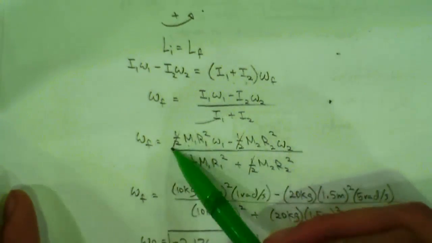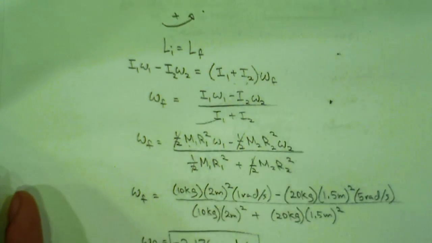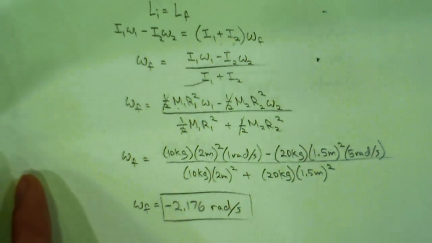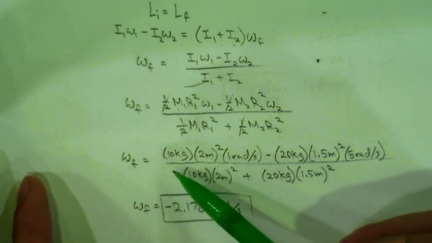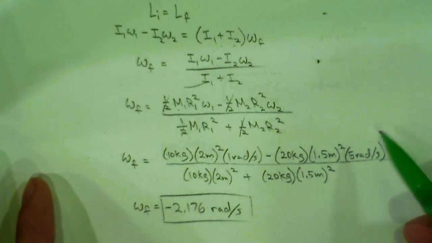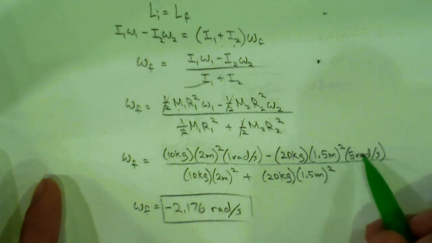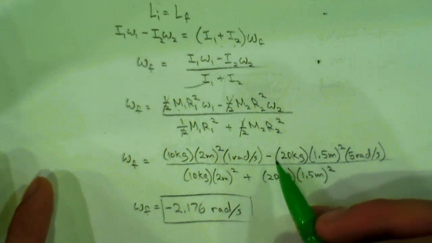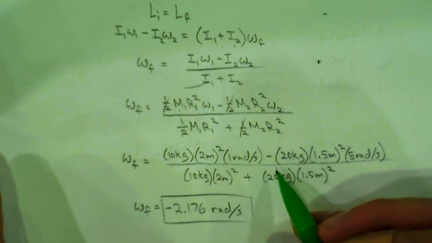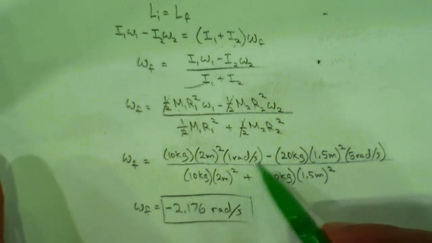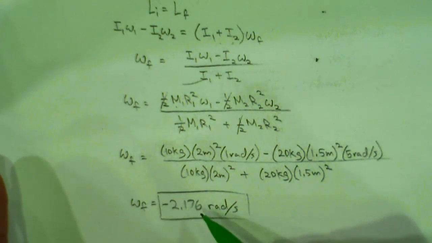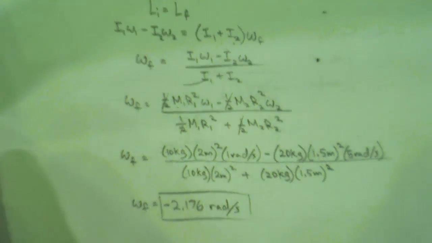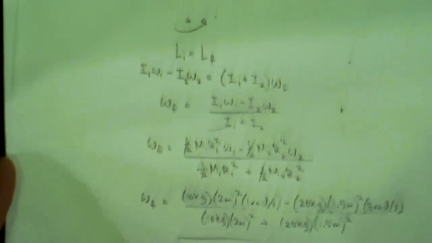To simplify, we see that all the 1/2s cancel out, and then we're left with this equation. From here, we just plug in all the values that were given. Note that I don't put a -5 radians per second here, because I already included the negative out here. Okay? So when we solve this, we get -2.176 radians per second for the angular velocity.